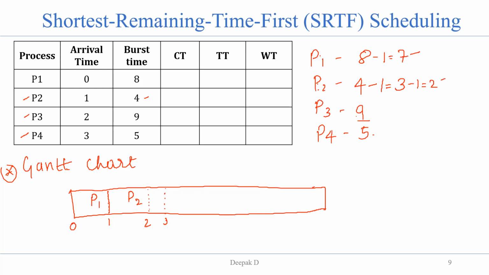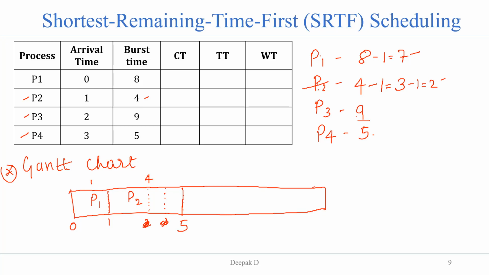How much time is it left with? 2 milliseconds. So I make P2 execute for 2 more milliseconds. So you can see that 5 here, I write this 5 directly after P1. P2 has executed for 4 milliseconds and it has completed its execution. So right now P2 is done.